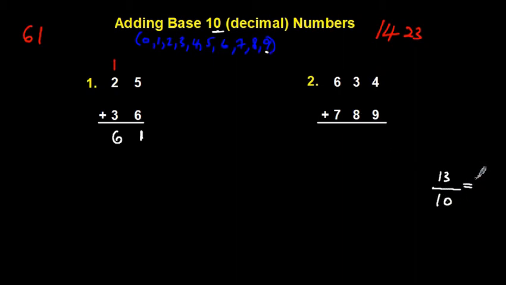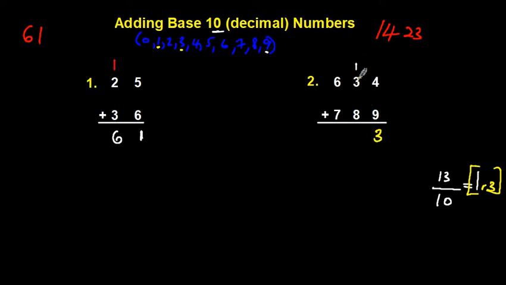We get it 1 time. What's the remainder? Remainder 3. So these two digits are included in the set of base 10 digits. So the 3, which is the remainder, is what we put right here, and we carry the 1 over to this side, right?